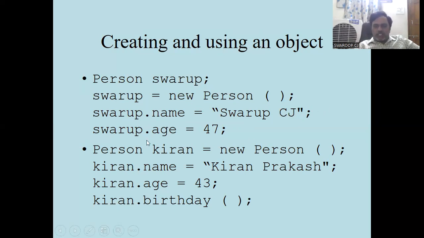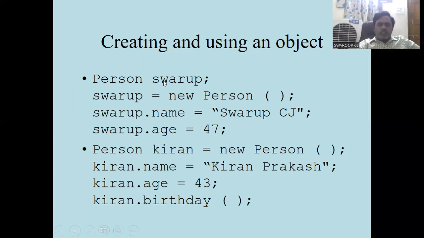And now the next two statements are nothing but I am assigning values to the member data. See here, first I have created the object, and I have initiated the object. Now I am adding the data to the member data. Now ultimately what will happen? In the first class, in the name place, we'll have Swarup CJ and the age place will have 47. Clearly, okay?